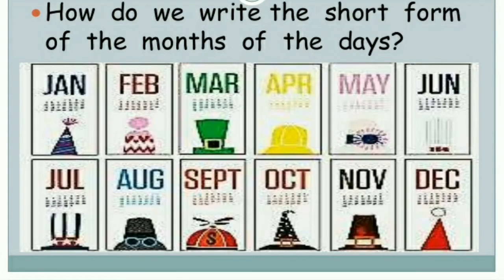And here we see that we write the short forms of the months: Jan, Feb, March, Apr, May, June, Jul, Aug, Sept, Oct, Nov, and Dec.